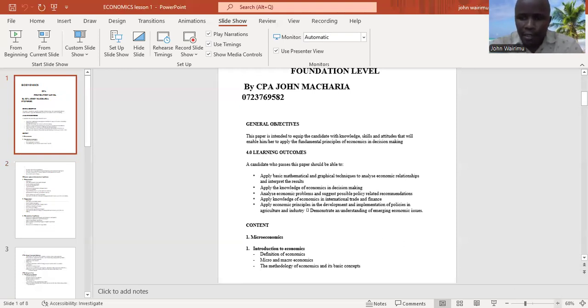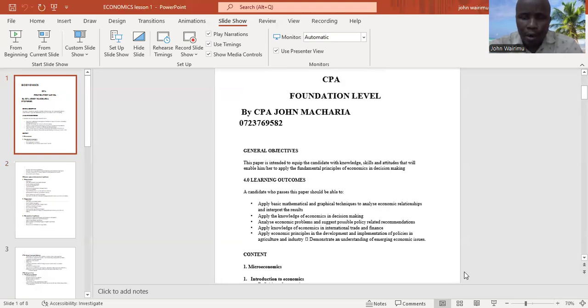That is one of the outcomes, or what a learner is expected to achieve. Two, apply the knowledge of economics in decision making, analyze the economic problems, and suggest possible policy-related recommendations.